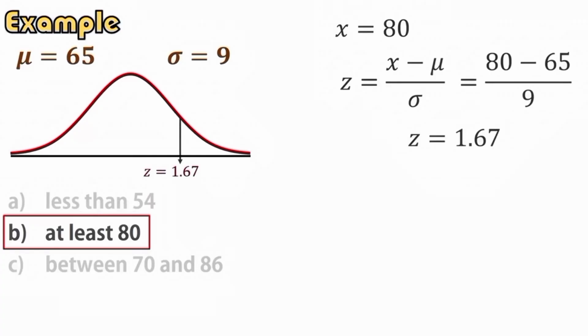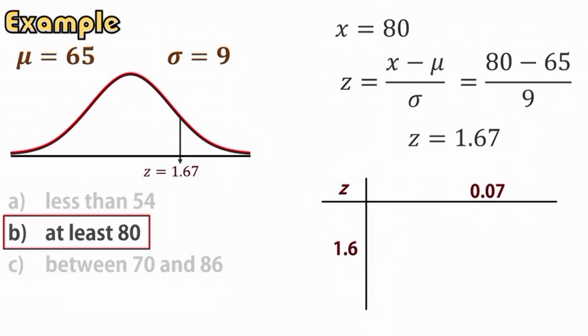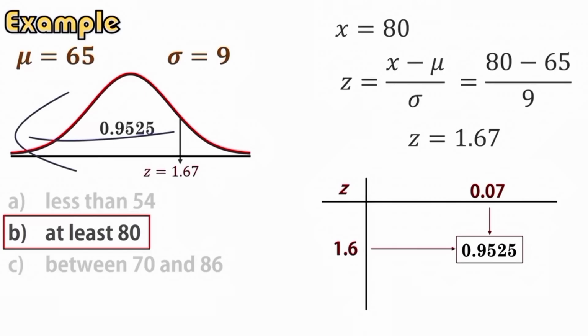And to check on the z-table, we will find 0.9525. But that's the answer for the left side, because we are using at least. So what we want is the other part. So we have to subtract it, since remember, the total area under the normal curve is equal to 1.